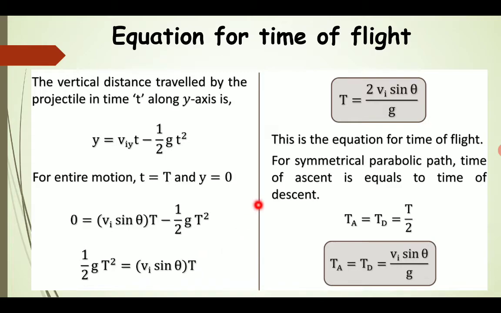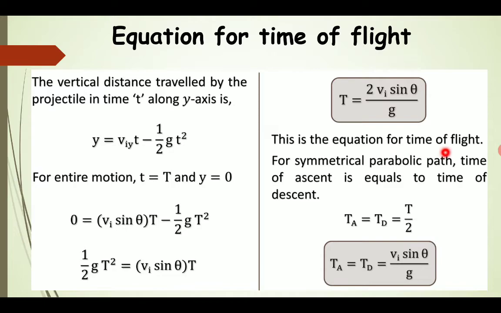From here, the total time of flight for which the projectile is in motion from the initial point of projection to the final destination is 2 Vi sine theta upon g, where g is the acceleration due to gravity, theta is the angle of projection, and Vi is the initial velocity of the projectile.